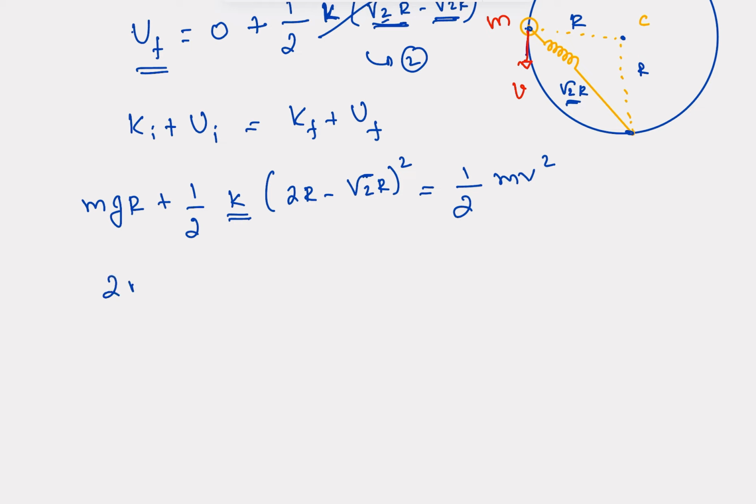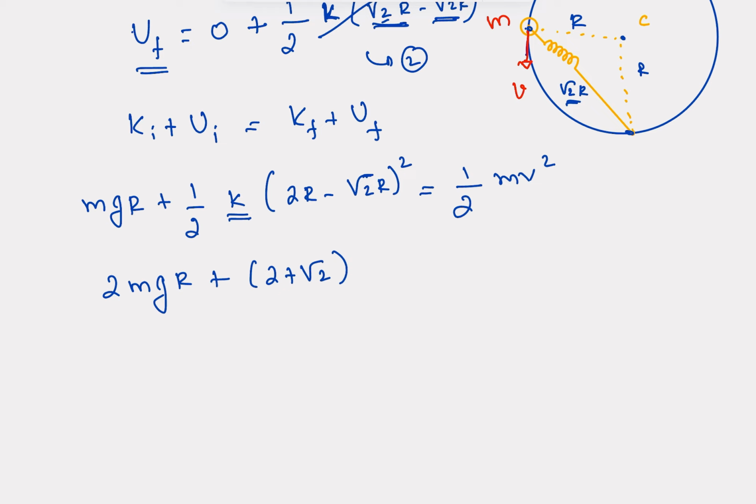How can I write that? 2 mgr plus, instead of k, I'll put the k value, 2 plus root 2, and when I subtract, this is 2 minus root 2 whole square.